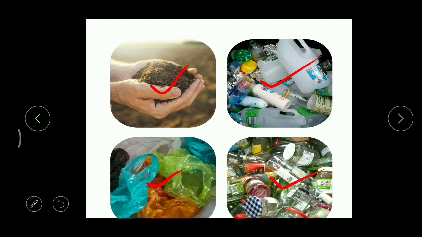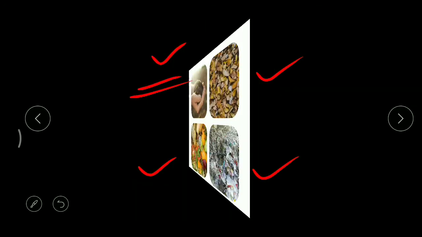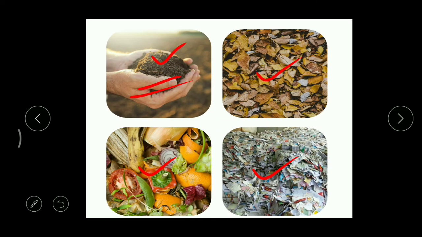Got it. So this is the way we add the substances into these two pits. In the first pit, we add loose soil, then fallen leaves, kitchen waste, and paper.